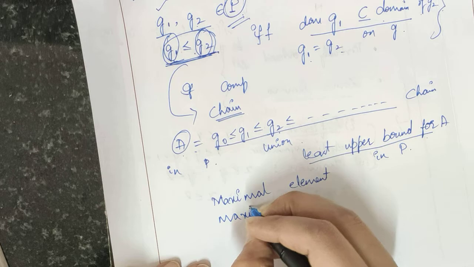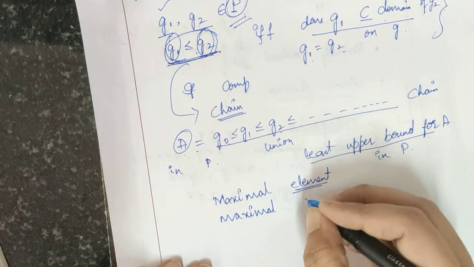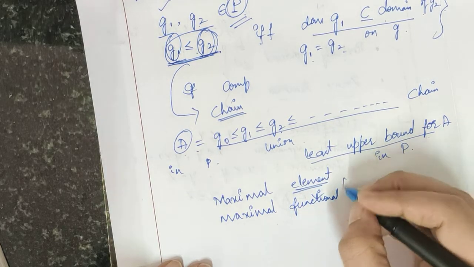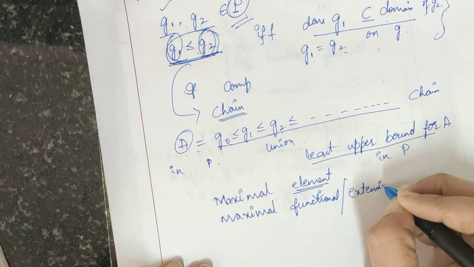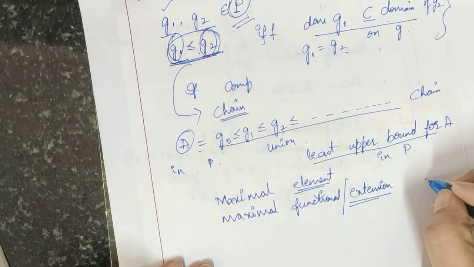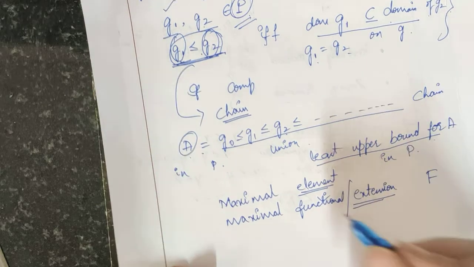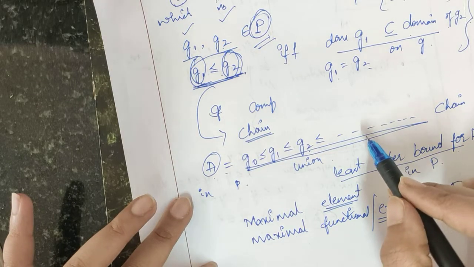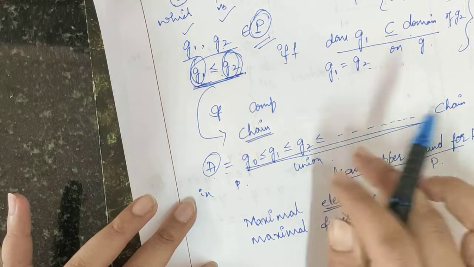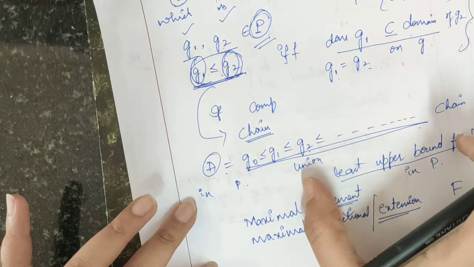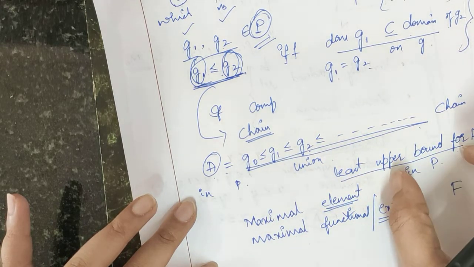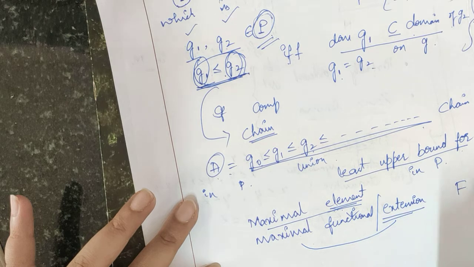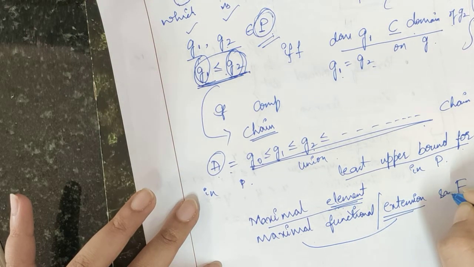The maximal element is nothing but the maximal functional here, or I can say the maximal extension, and I will call that extension F. So we have taken the union of this whole chain, and according to Zorn's lemma, it has an upper bound which contains a maximal element. Here that maximal element is nothing but the maximum extension, say F.